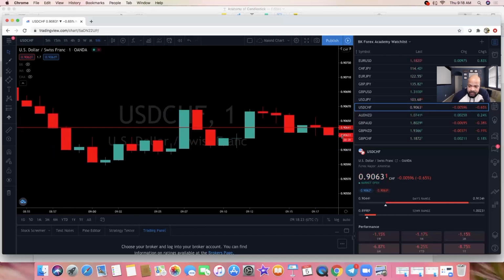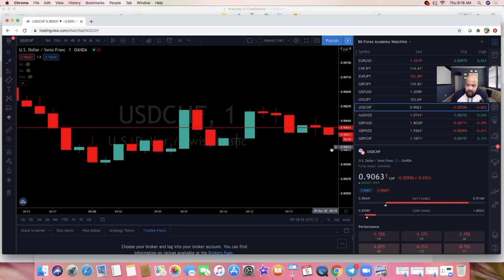Here's the price right here where it says 0.90631. So whenever price goes up above this red line, it's going to turn green. And all the green candle means is that price is higher than when it opened. That's it. If it turns red, that means price is lower than when it opened. Very, very simple to understand.